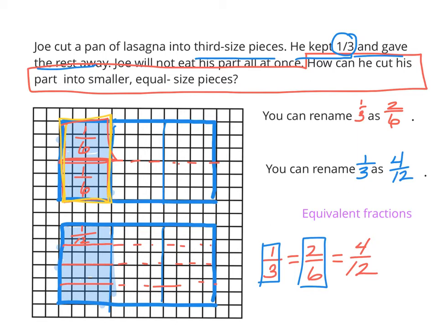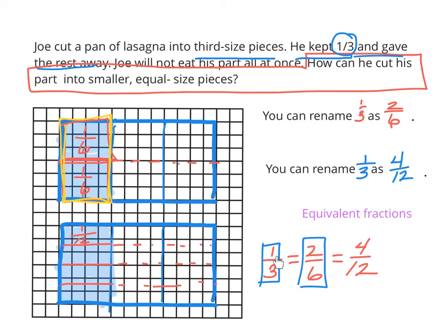Okay, so hopefully you discovered that a whole divided into 6 has 2 times as many parts as a whole divided into thirds. So the numerator and the denominator in 2/6 are each twice the numerator and the denominator in 1/3.